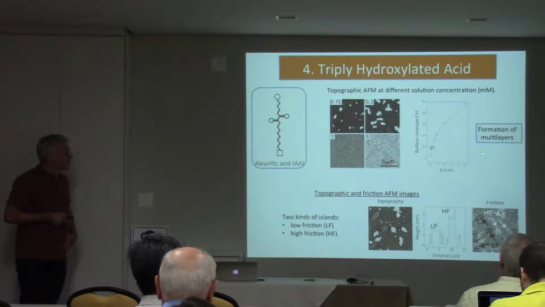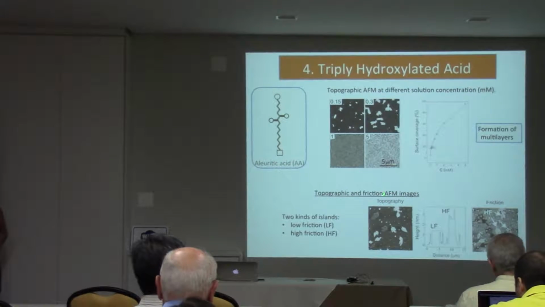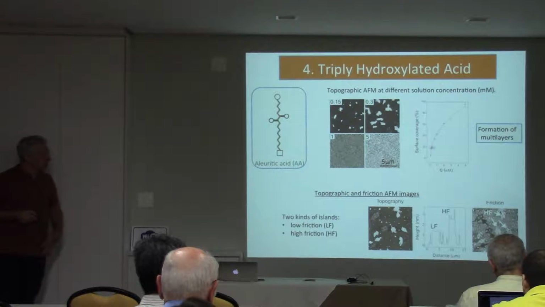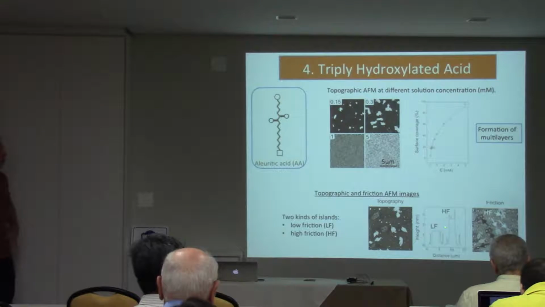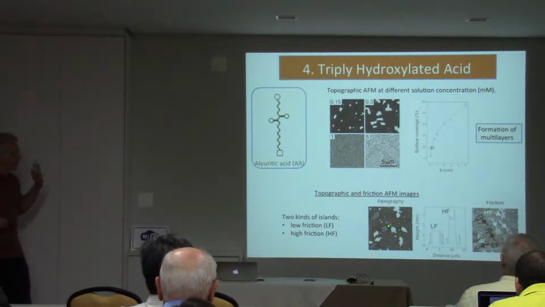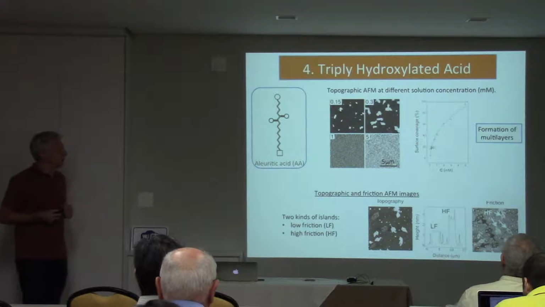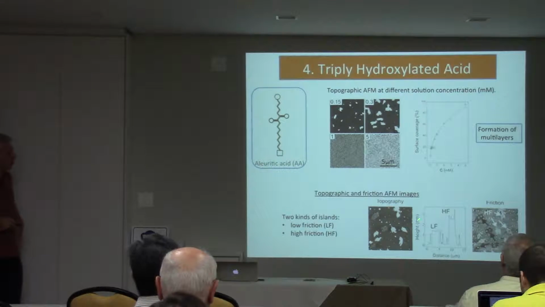And there is an interesting aspect that we can observe from friction atomic force microscopy, in which we observe two different kinds of regions. Also, we observed the other particular structures that I showed initially, the multilayer structure, but I want to put the focus on this.